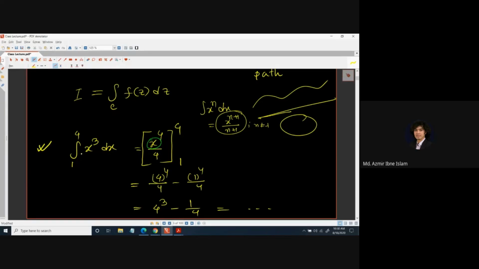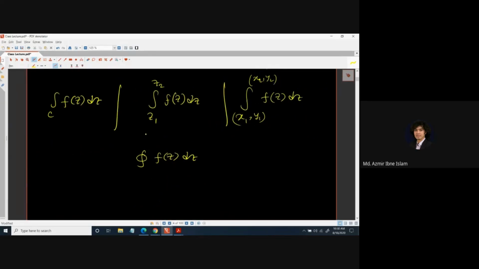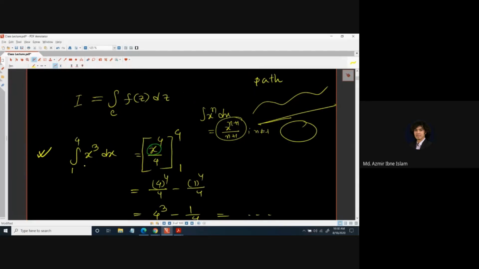Okay, and the same thing is applicable for complex integrals, but you can see that in a real valued function we have x equal to 1, x equal to 4. We are integrating in terms of x. That's why we have the limits for x equal to 1 and x equal to 4.